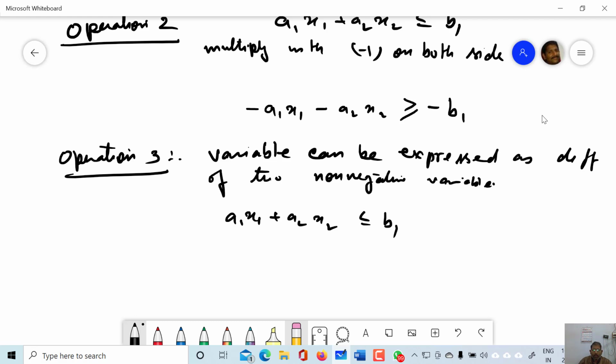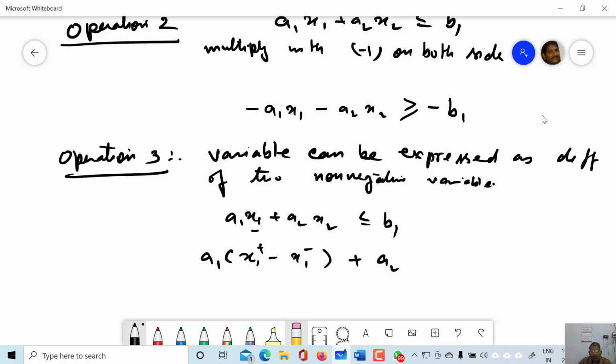So any variable x1 can also be written as the difference of two positive variables: x1 plus minus x1 minus.